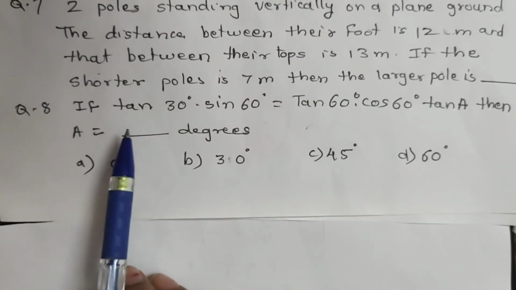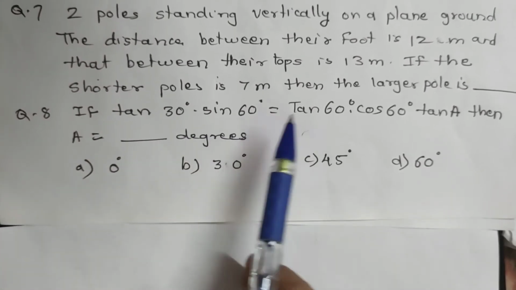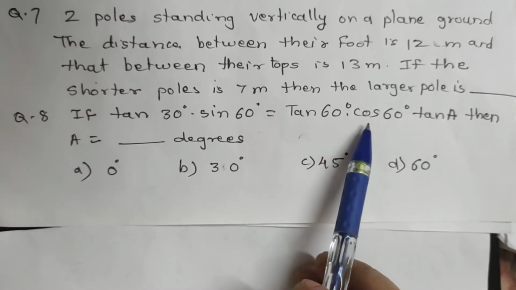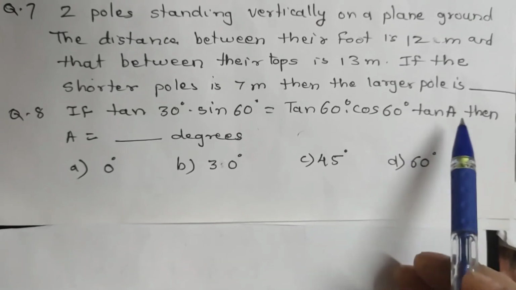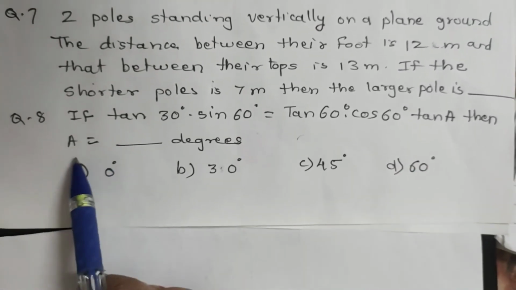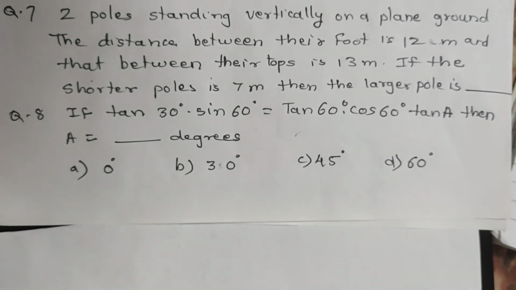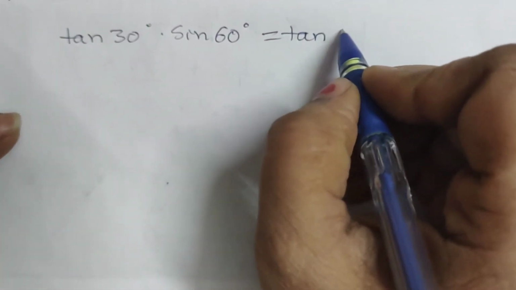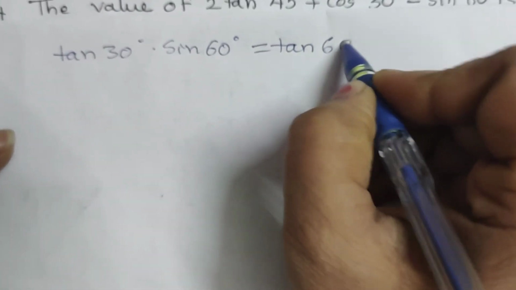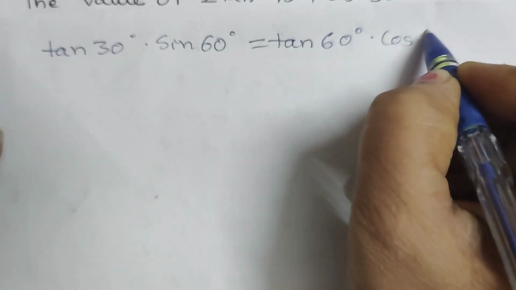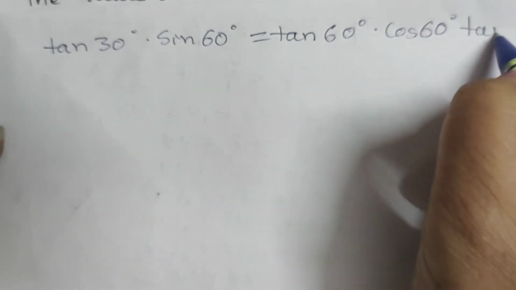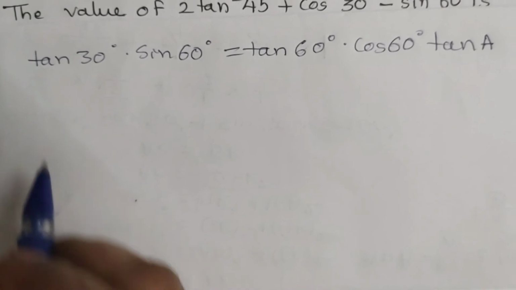Question number 8. If tan 30 degree into sin 60 degree is equal to tan 60 degree into cos 60 degree into tan A, then the value of A is dash degree. Tan 30 degree into sin 60 degree is equal to tan 60 degree into cos 60 degree into tan A. So substitute the value.